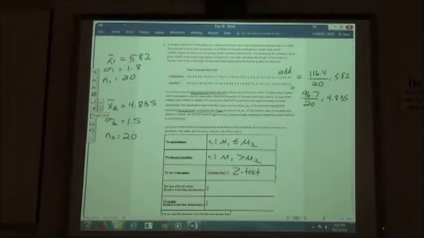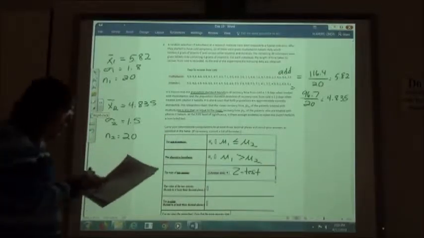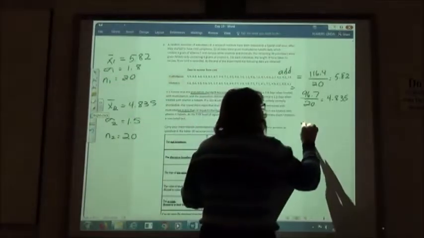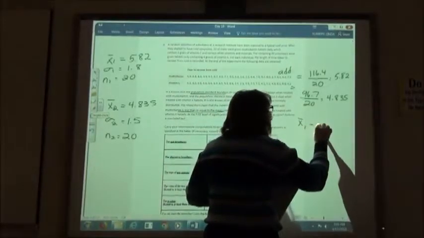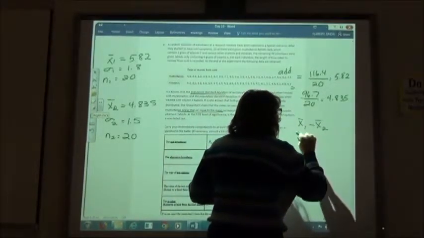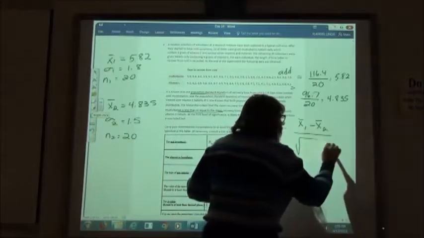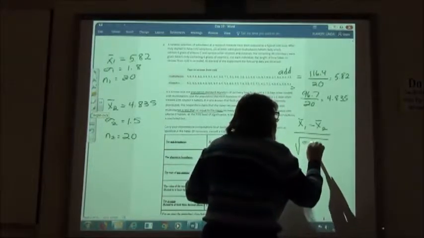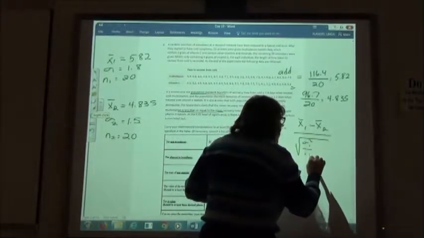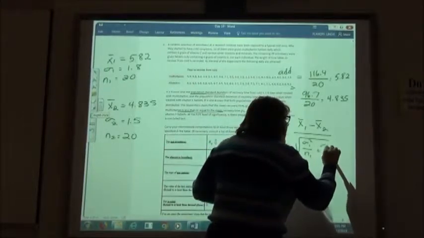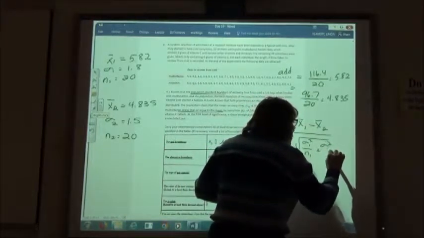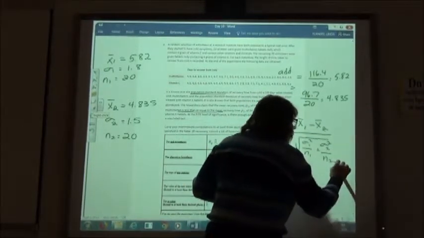So now we have to go back to that formula that I wrote down on the previous page, where we're taking X bar 1 minus X bar 2 divided by the square root of standard deviation squared 1 divided by N1 plus standard deviation squared 2 divided by N2.